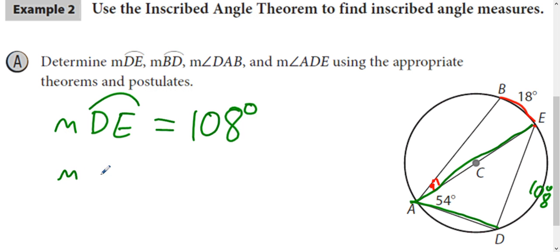So the measure of arc BD, going all the way around, would be the 18 plus 108. 18 plus 108 is 126.